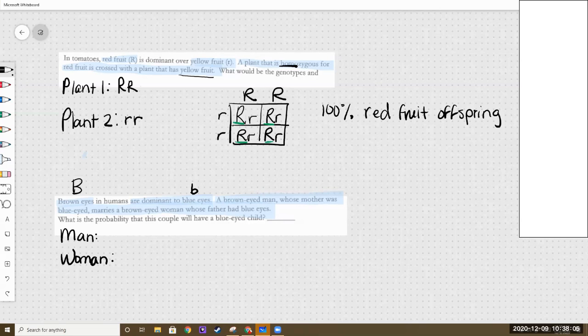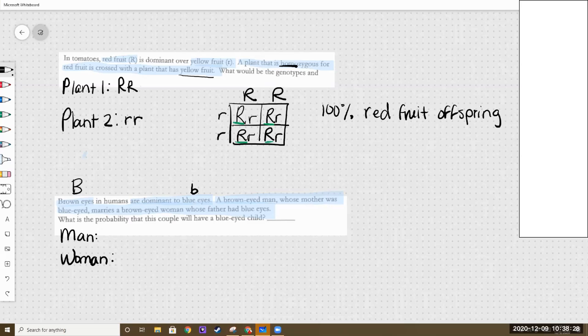So we know that they are brown-eyed, right? So they have at least one capital, because in order to see the dominant trait, you have to have a capital. But the mom in this case was blue-eyed. So the only way you see blue eyes is if you have little b.